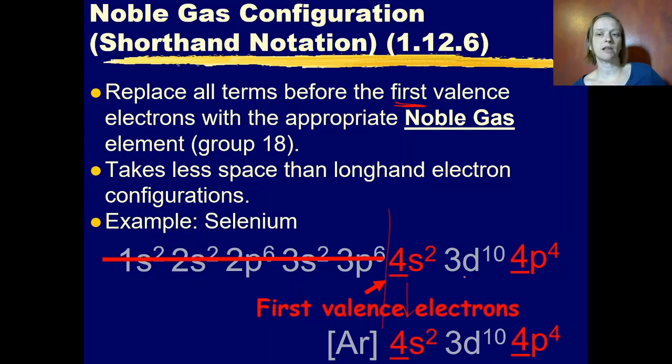Notice that the rest of the electron configuration is exactly the same as how I wrote it before. This part has not changed. It's still in that same order we've been using, whether you use the diagonal rule or the reading the periodic table method. All we did was replace these early elements with a noble gas.